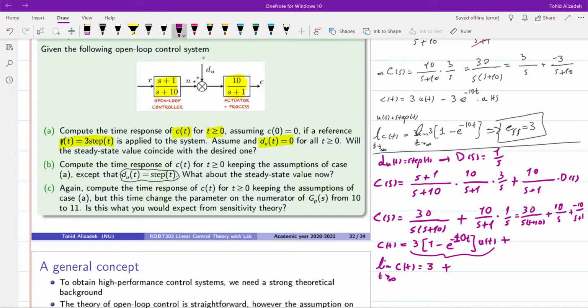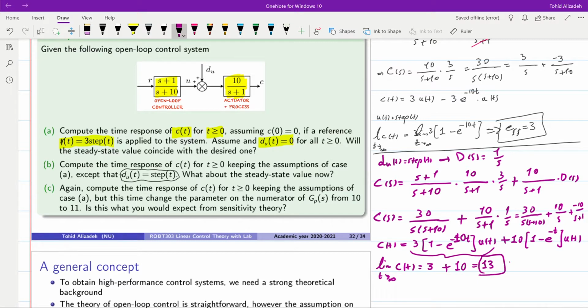So basically we will get 10 times 1 minus e to the minus t times u of t for the second part, which comes from the disturbance. And the steady state value will be 3 plus 10, which will be equal to 13.